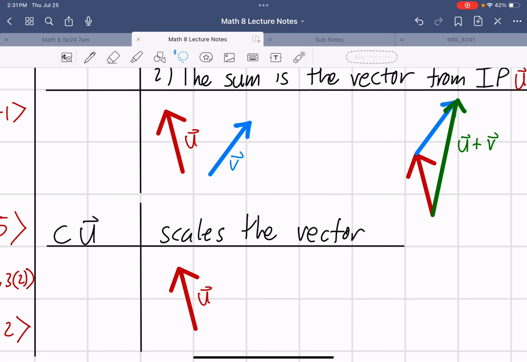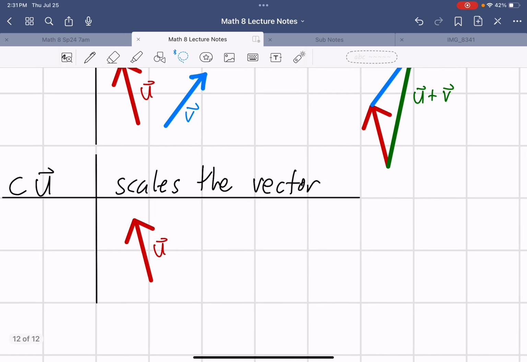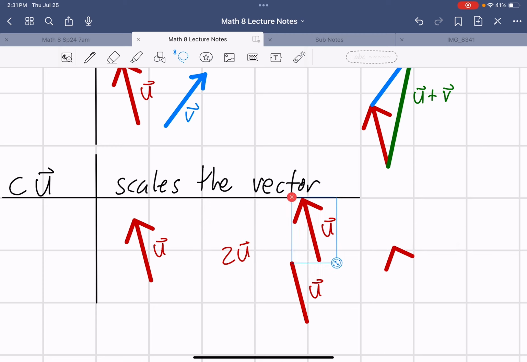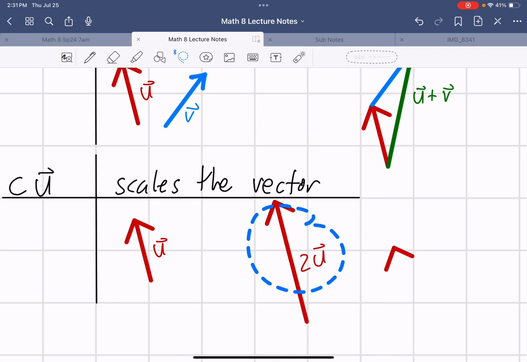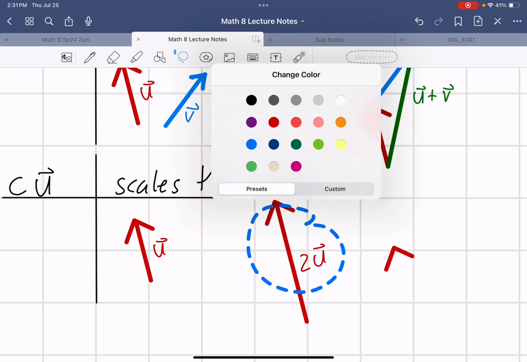Now, I can multiply that vector, right, by 2, and what that creates is, I'm going to move this part, and there's 2 of them. This is what 2u really means. I doubled the length of the vector.